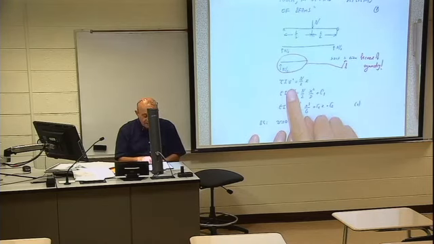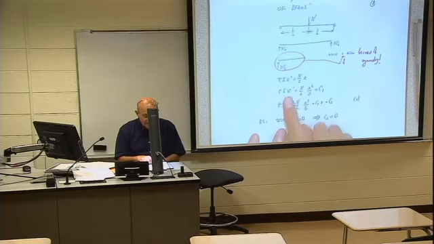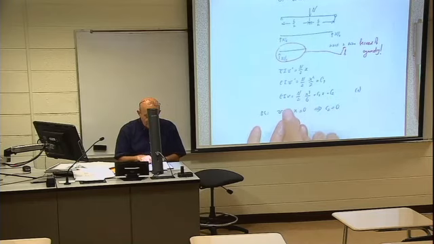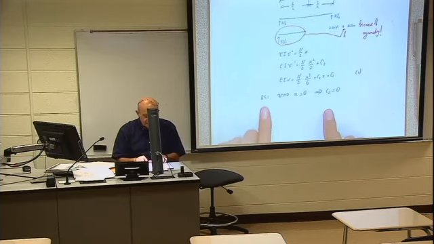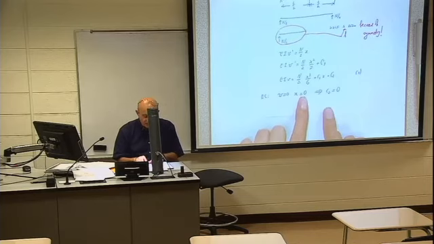So EI V double prime equals n over 2 x. EI V prime equals n over 2 x squared over 2 plus C1. That's the first integral. One more integral, EI V equals n over 2 x cubed over 6 plus C1 x plus C2. Boundary conditions, V at 0 equals 0.